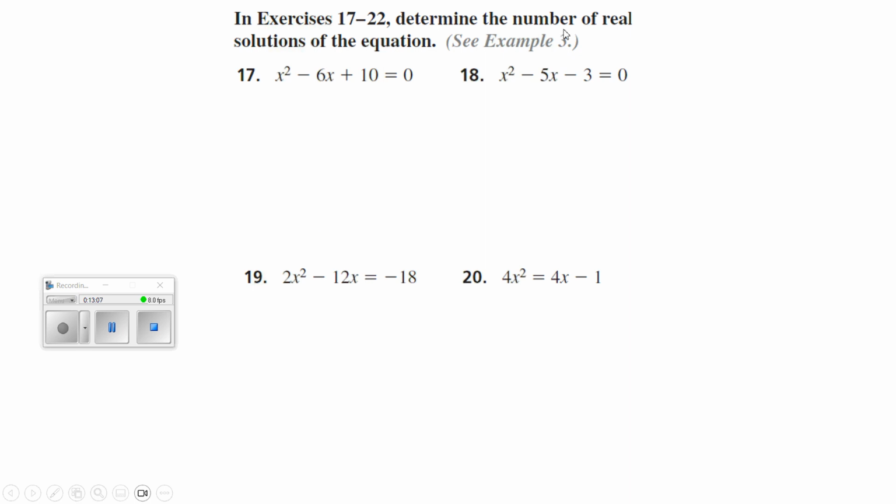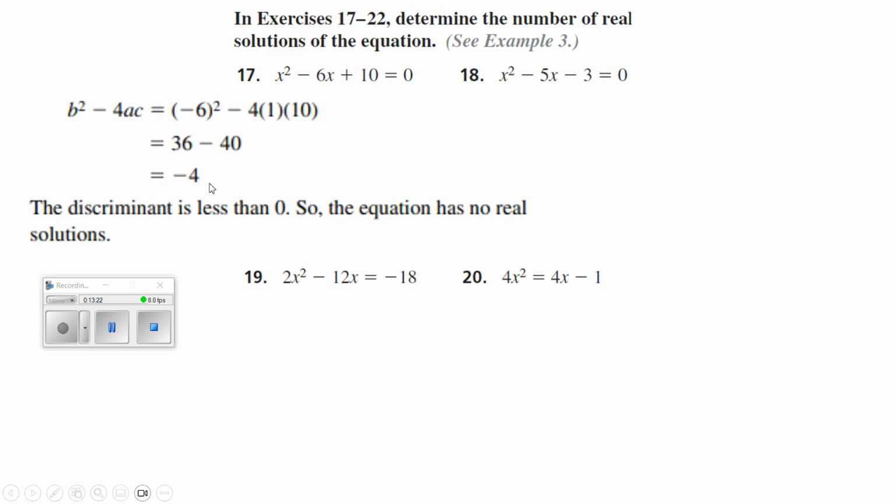Number 17 says determine the number of real solutions of the equation. All right, so let's go ahead and look at this carefully. If I'm looking at this, I see that I got x squared minus 6x plus 10 equals 0. I'm going to use that equation that's inside of my quadratic equation, the one that's in the square root symbol, right?